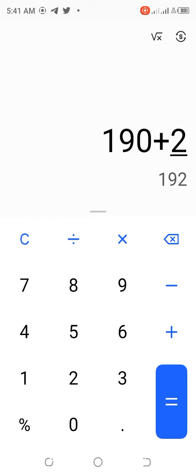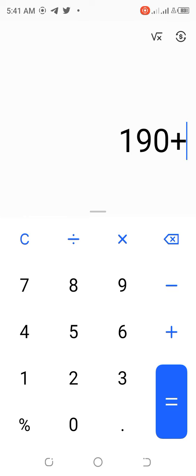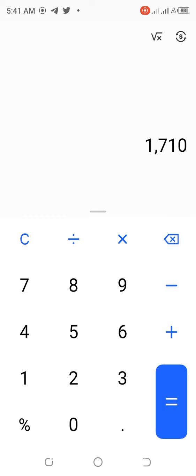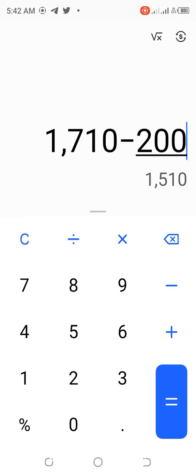So those who go for the combination, so times the combination, by 9, meaning you have used 1,710 cedis to stake the numbers, and out of this 1,710 cedis, you won 200 cedis. So meaning you have lost 1,510 cedis.